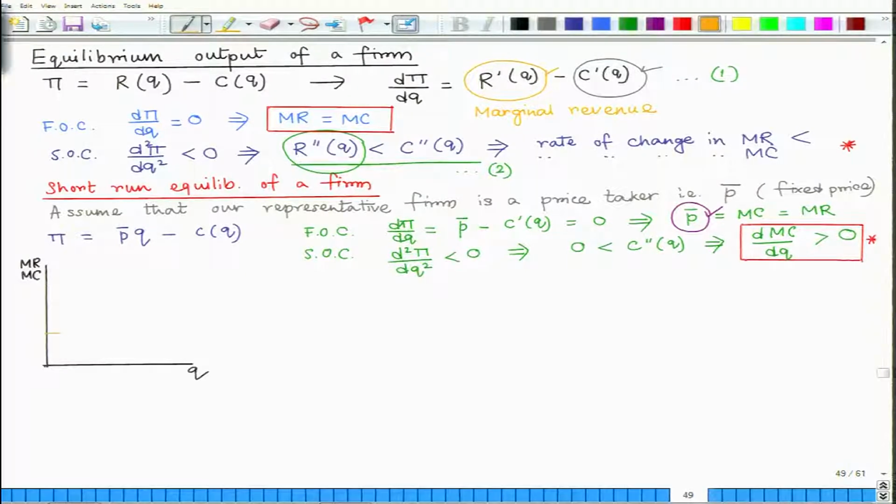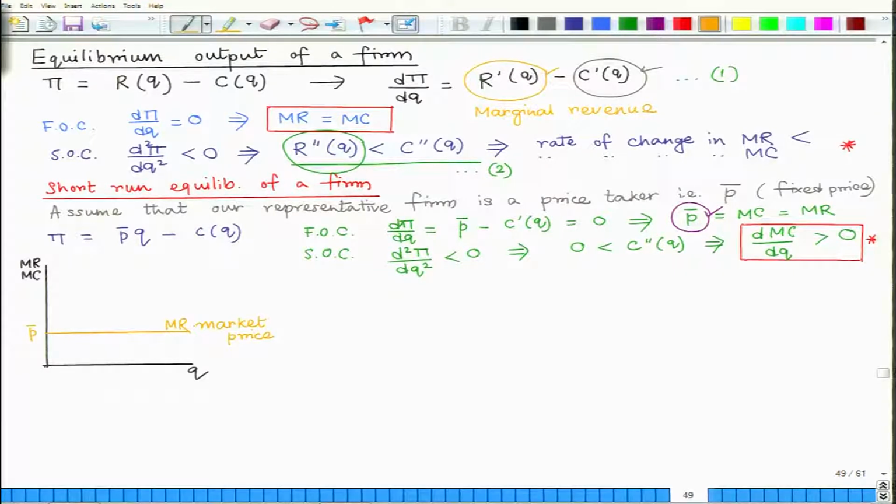It is going to be a line parallel to the Q axis, because marginal revenue in a competitive firm case is basically the market price, right.